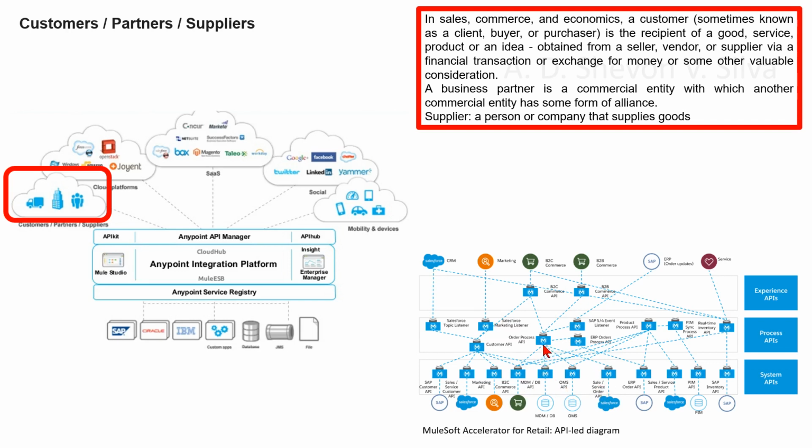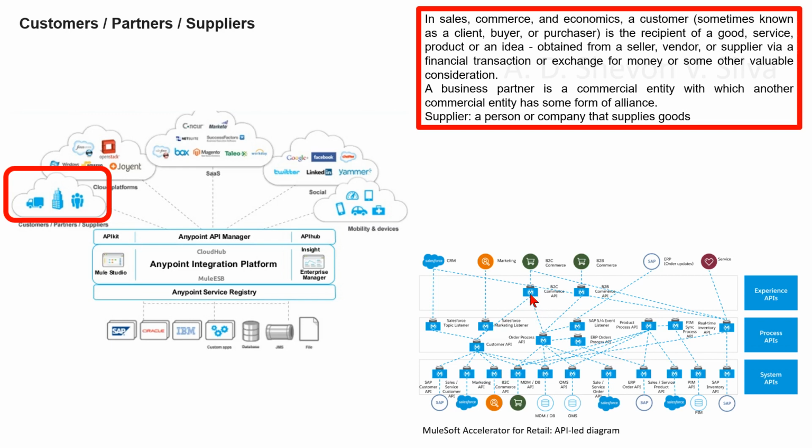The order process API interacts with the ERP order process API, SAP S4 event listener, and B2C commerce API in experience APIs and B2B commerce API.